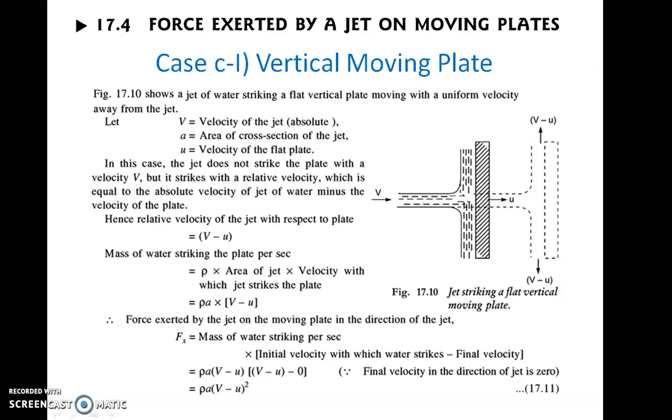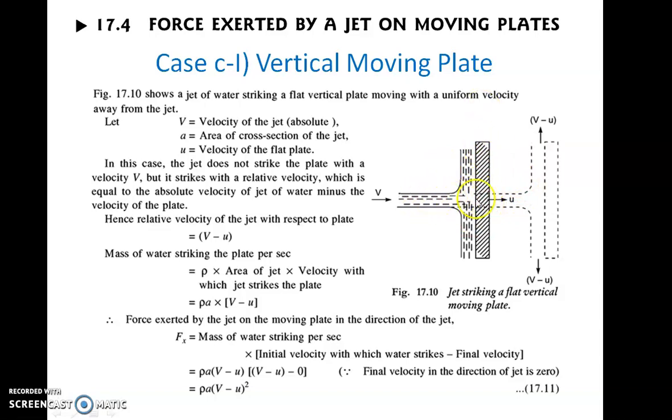Now when it is moving, the plate is also having some velocity u in this case. Because the plate is having velocity u and the jet is having the absolute velocity v, it creates a relative component of velocity, called the relative velocity, which is given by v minus u. Here the relative velocity comes into picture because the plate is not fixed.